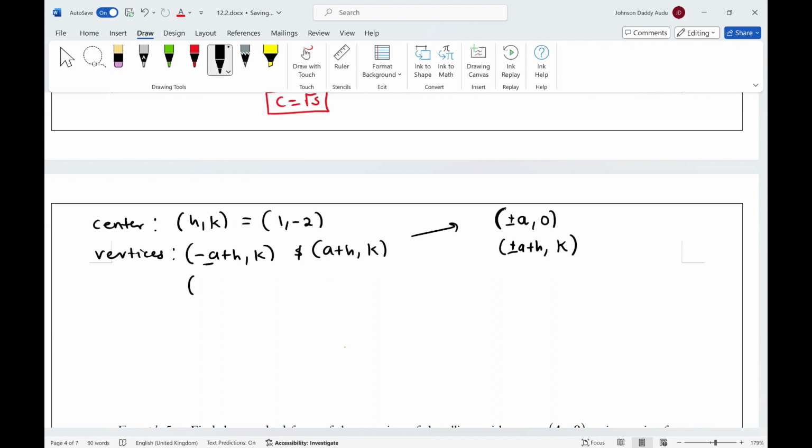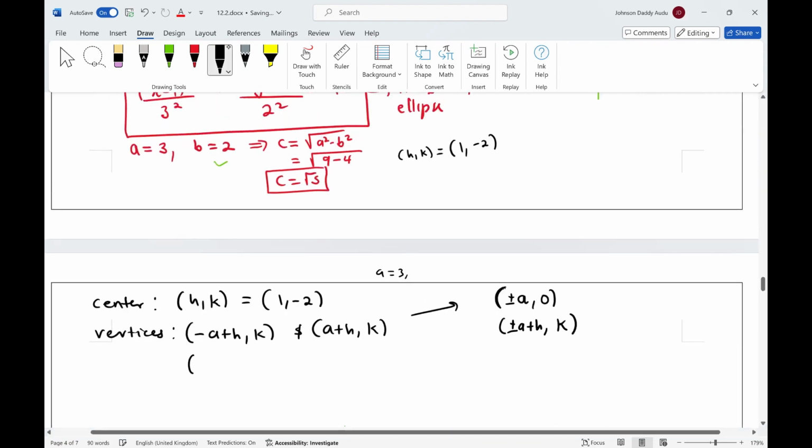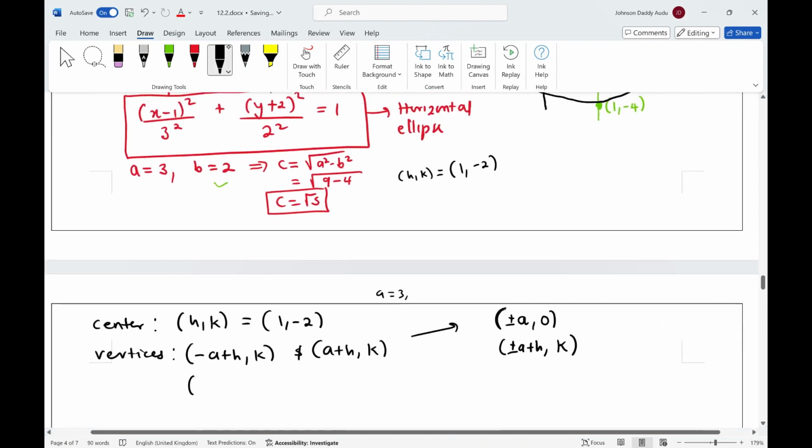So if you do that, remember our a, what is a? a is 3, right? So you can see if you take a to be minus 3, so here you have minus 3 plus h. And what is our h here?